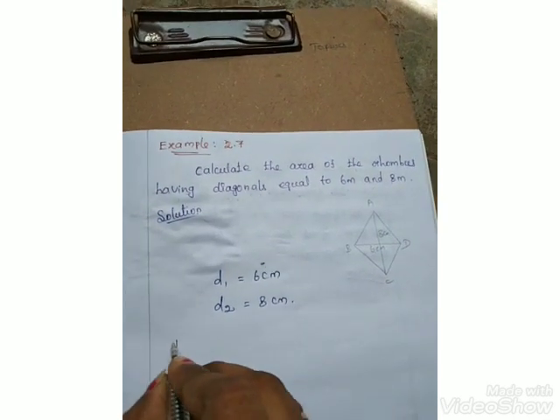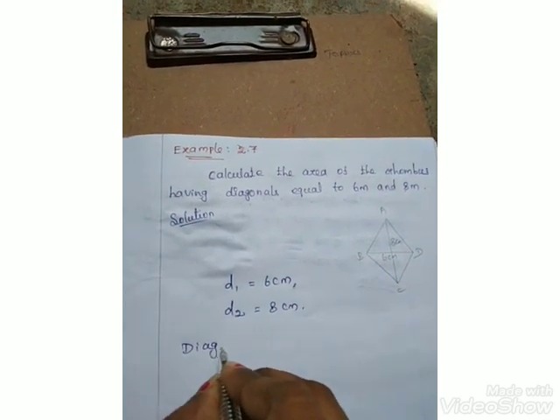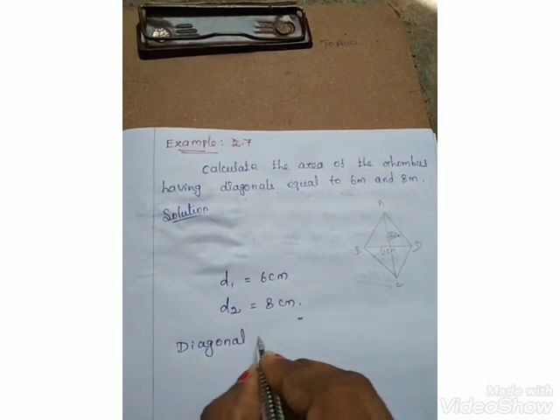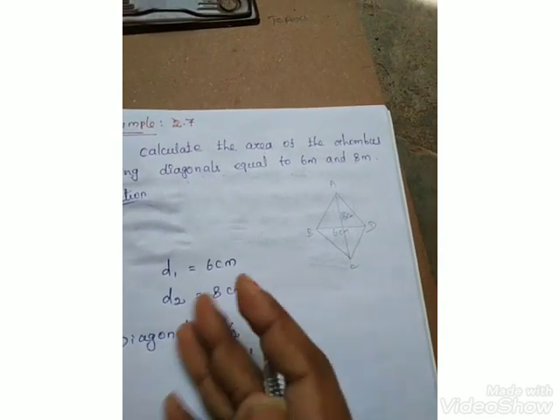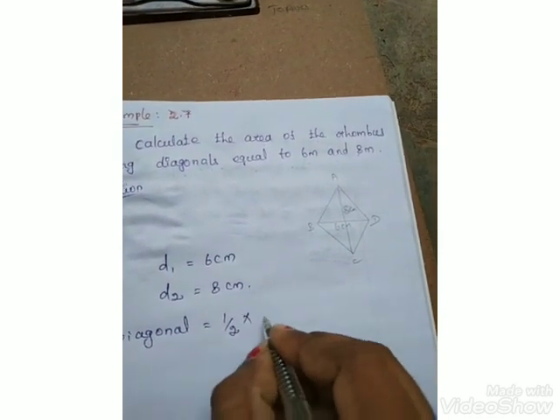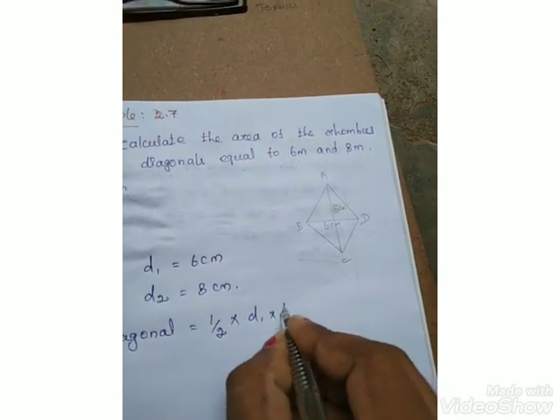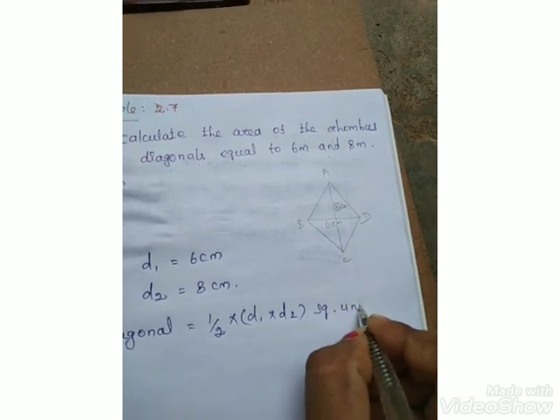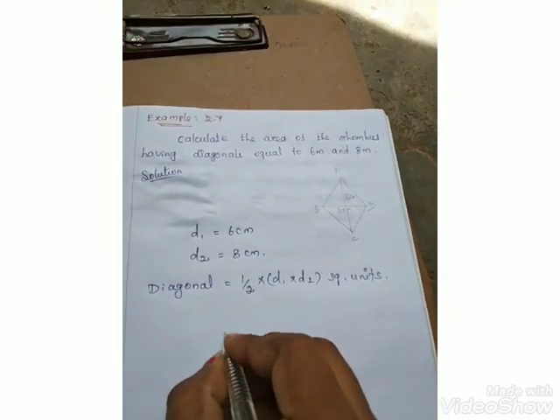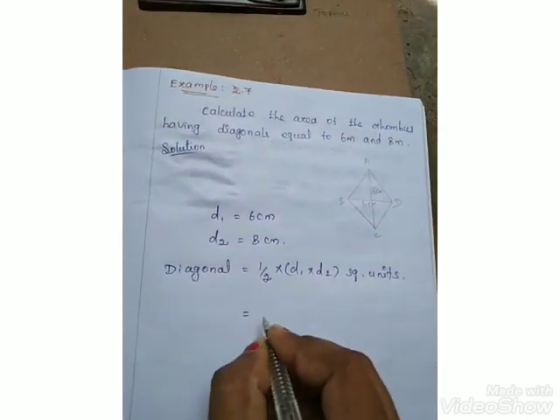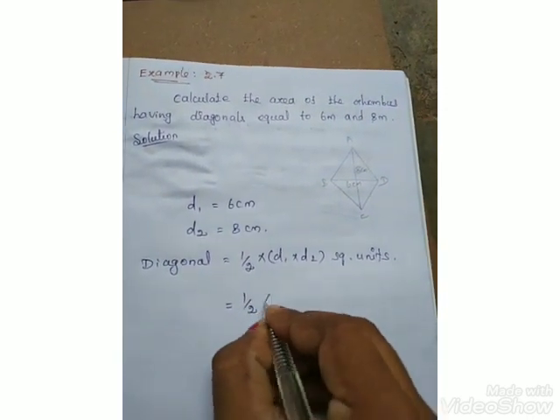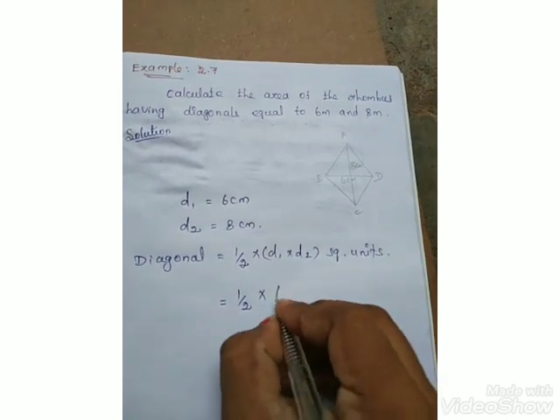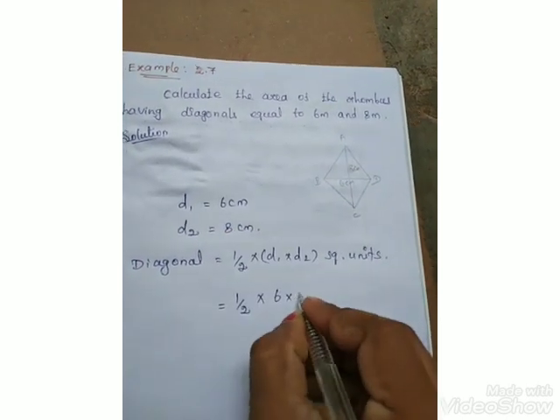What is the formula? Area is equal to half into d1 into d2 square units. Okay, see that: half into diagonal 1 is 6 into diagonal 2 is 8.